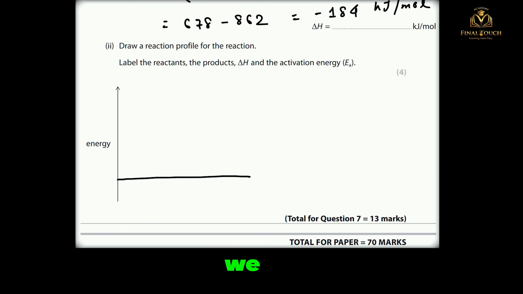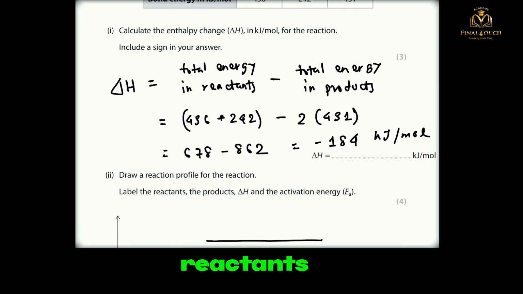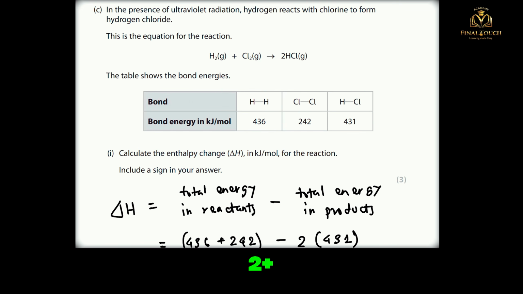If we just draw the lines for the reactants and the products, this would be something like this. The reactants here were H2 plus Cl2, and the product was 2HCl.